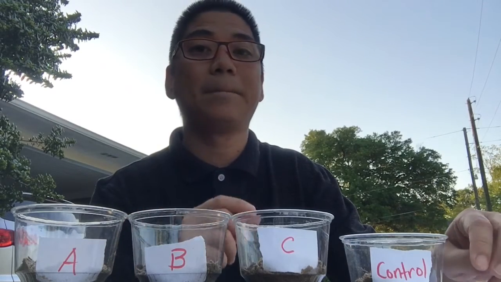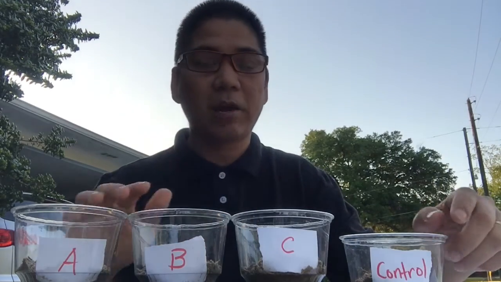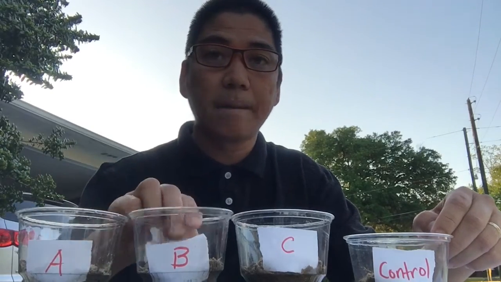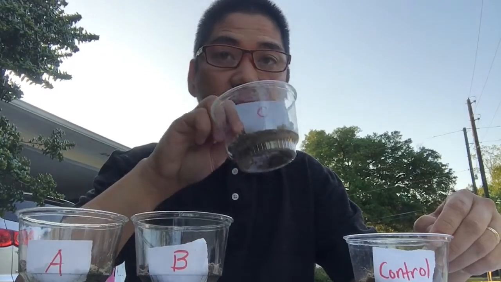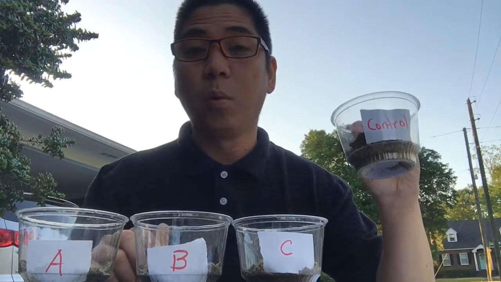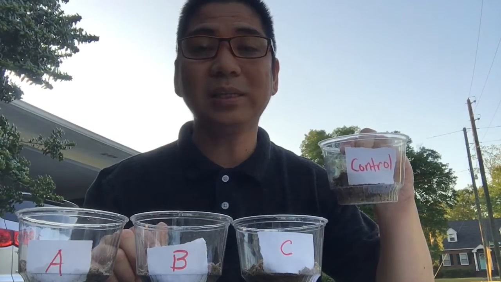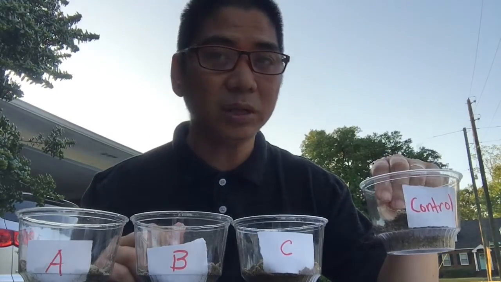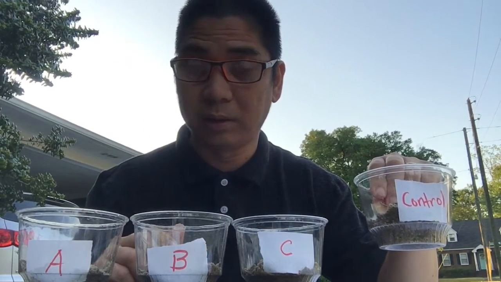All right, now I have 4 cups here and I labeled them A, B, C, and the last one is called the control group. When we say control group, this is the group that will not receive any treatment during the experiment.